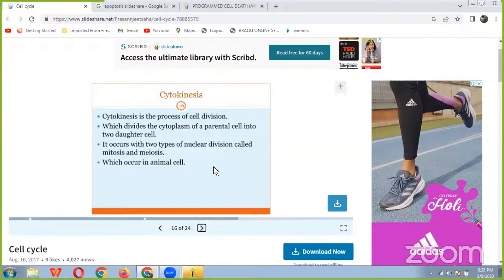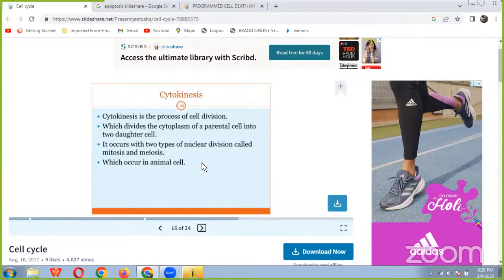Cytokinesis means the physical division of the cytoplasm. Cytokinesis is the process of cell division that divides the cytoplasm of the parental cell into two daughter cells.